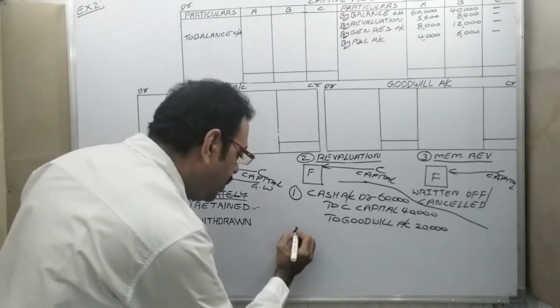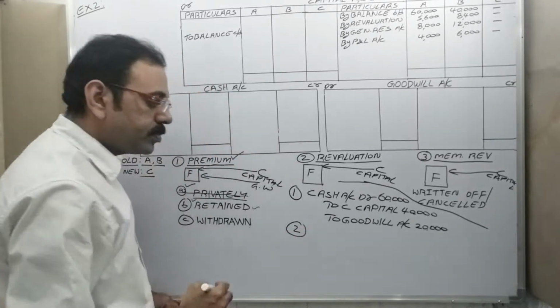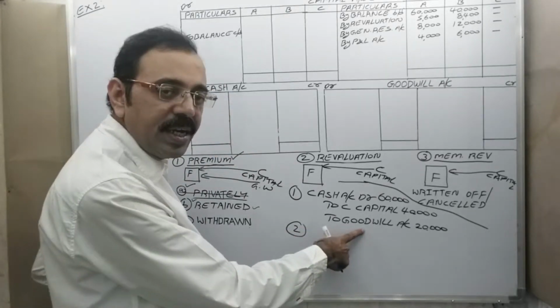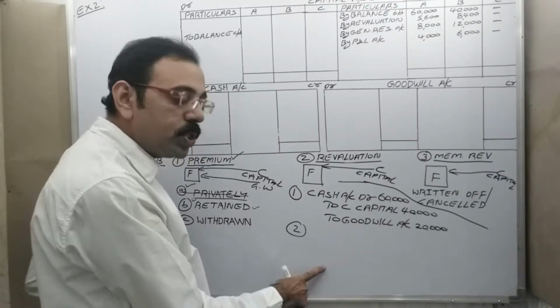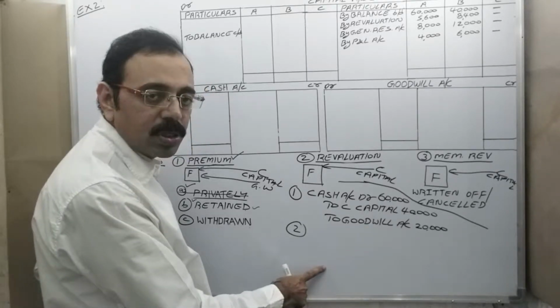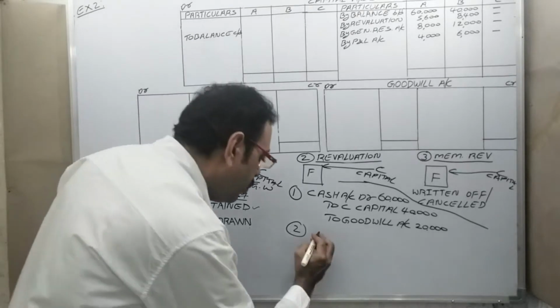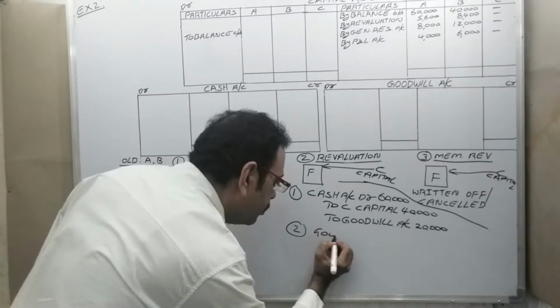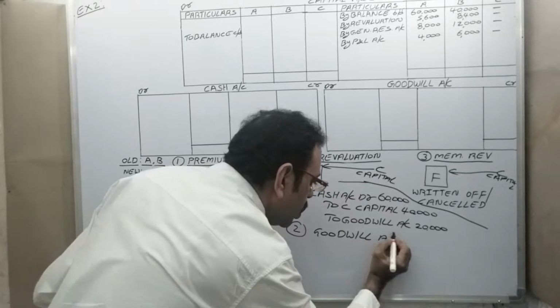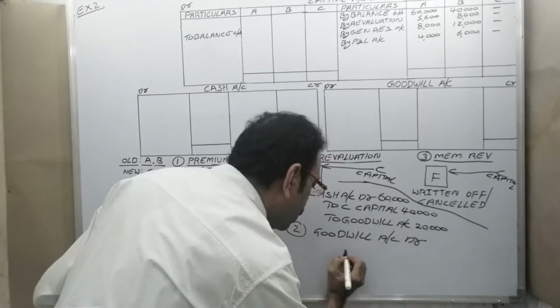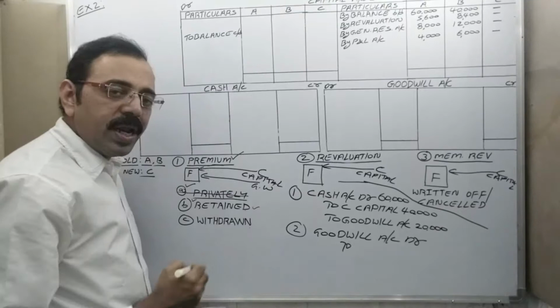For that, what is the entry? Once goodwill is credited, now this goodwill is to be transferred to old partners' capital accounts. So what should we do? We should debit goodwill. Then goodwill account will get closed. Goodwill account debtor, to whom do you have to transfer this?